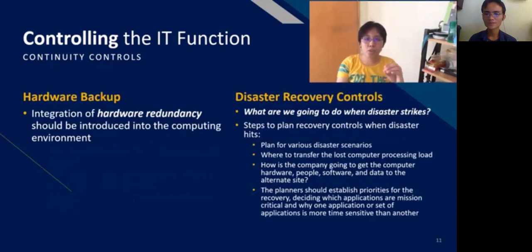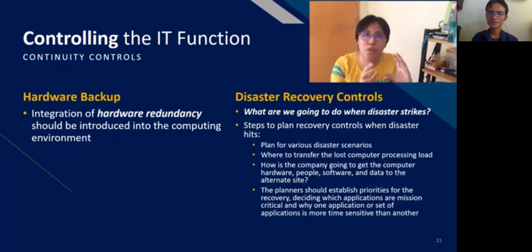This is to integrate and introduce hardware redundancy in the computing environment. So when we say hardware redundancy, this means that for a certain piece of computer hardware, you would be acquiring multiples of that. You would be acquiring several hardware where you can store your data.